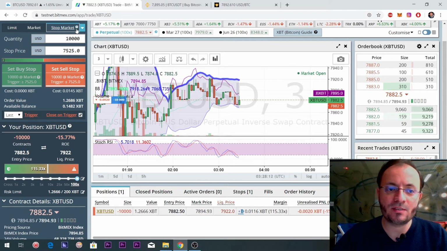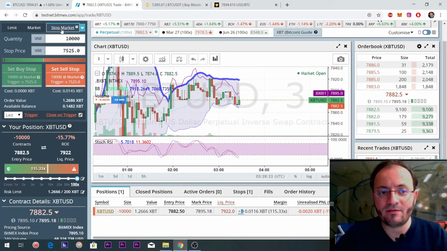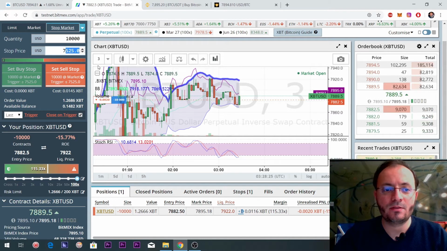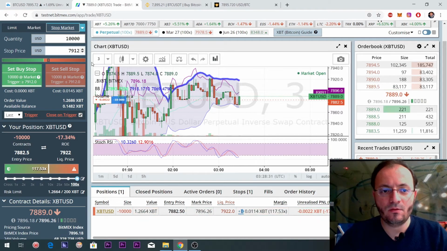We will use a stop market because if you use a stop limit, sometimes it doesn't get triggered and you can lose the money. It's safer to use the market. So the market will be 7912.